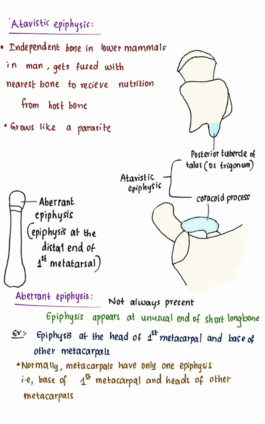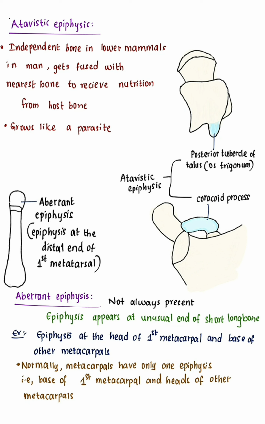To receive nutrition from the host bone. It grows like a parasite. Examples: coracoid process of scapula, posterior tubercle of talus.